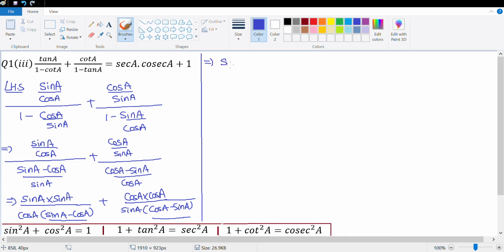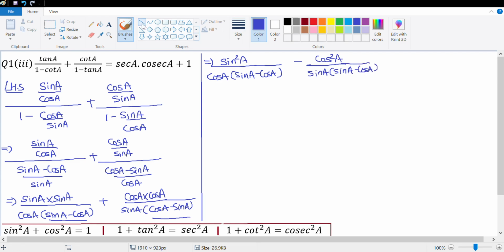This would become sine square A upon cos A times sine A minus cos A, and I change the sign here. So this becomes minus and this becomes cos square A upon sine A times sine A minus cos A. Perfect.